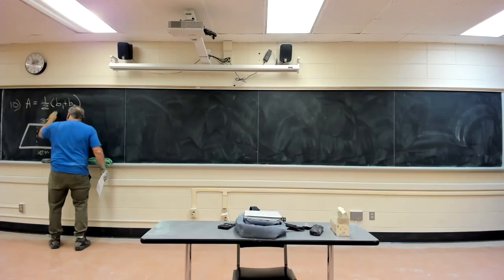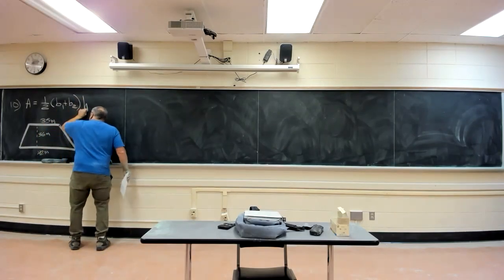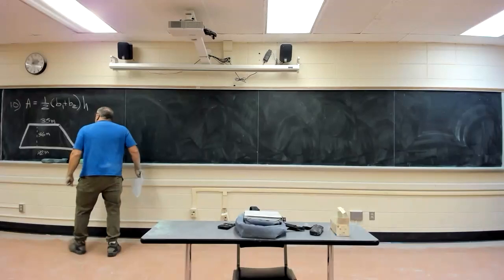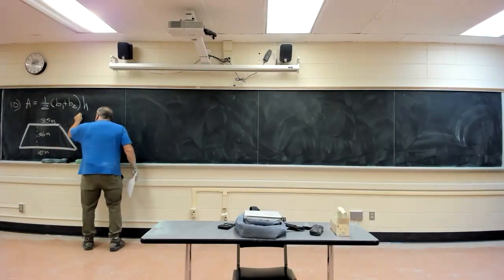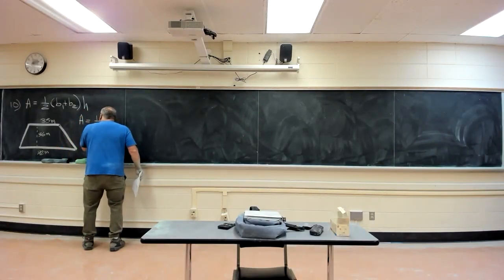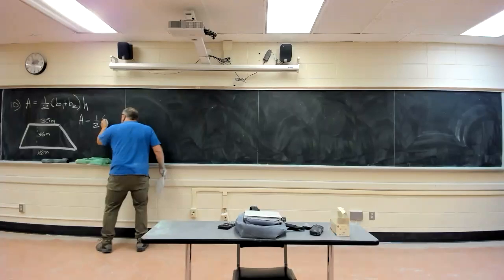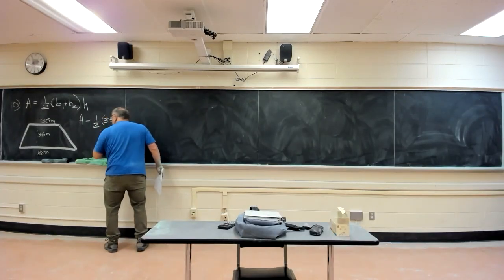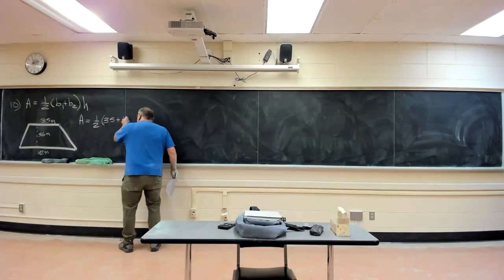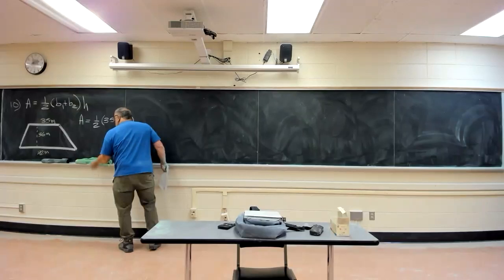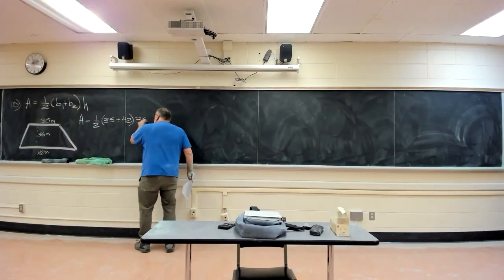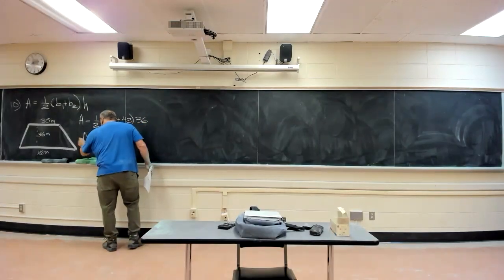In other words, take the average of the two bases, and move it through the height. Simple as that. So you got 1/2 of 35 and 42, whatever that's going to be. Then you move it through the height of 36, and that'll get you the area.